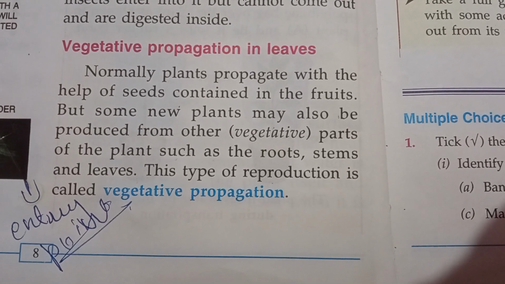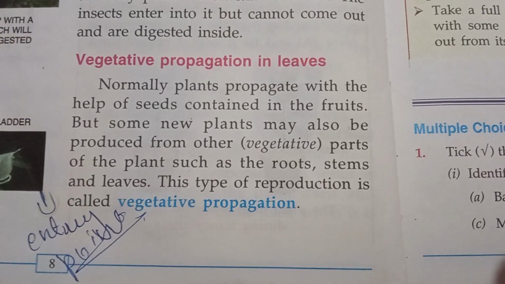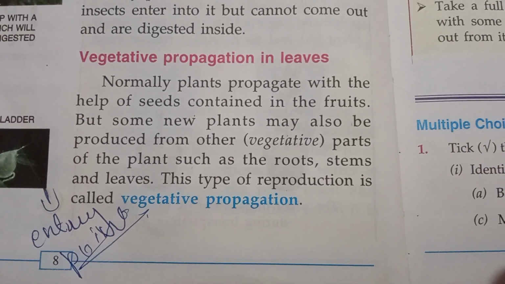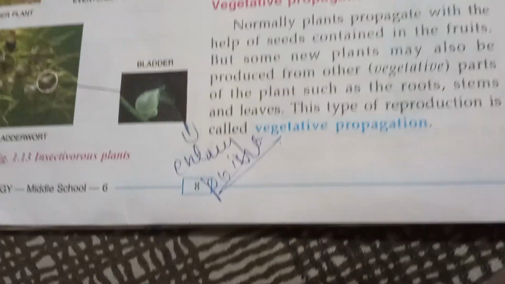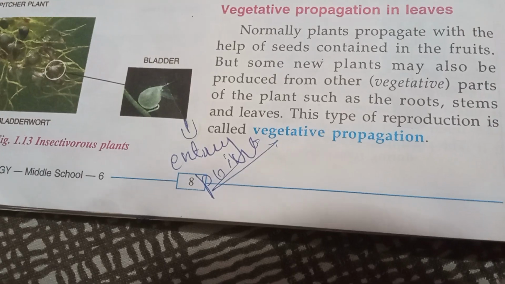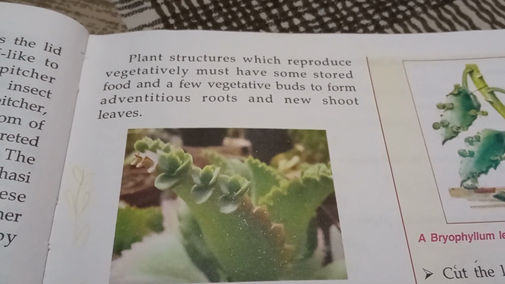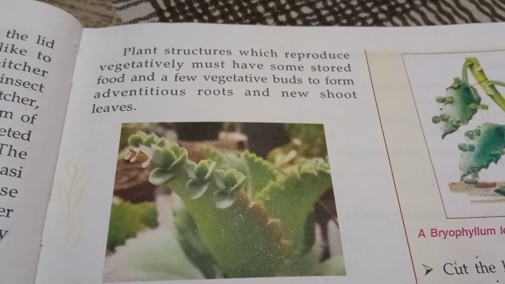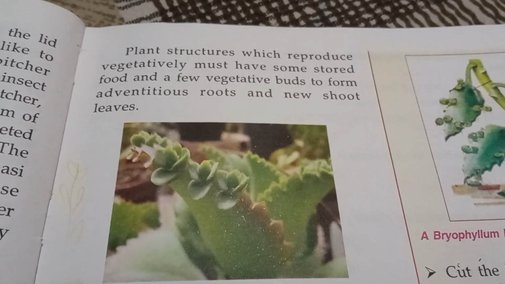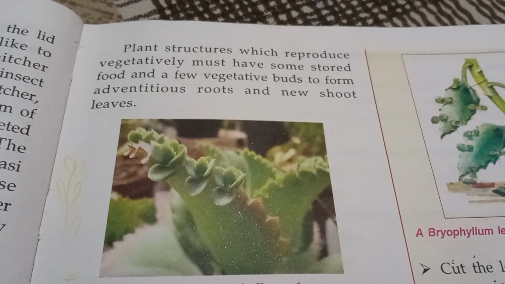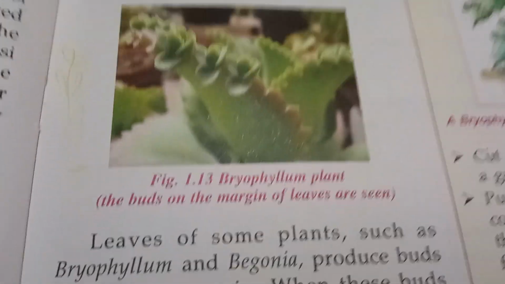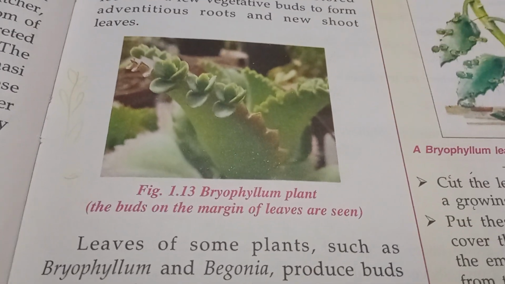This type of reproduction is called vegetative propagation. Plant structures which reproduce vegetatively must have some stored food and a few vegetative buds to form adventitious roots and some new shoots and leaves.